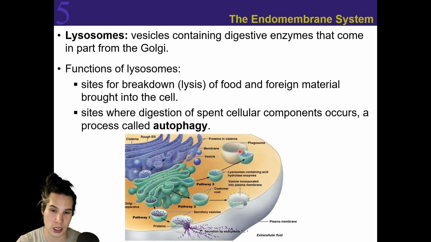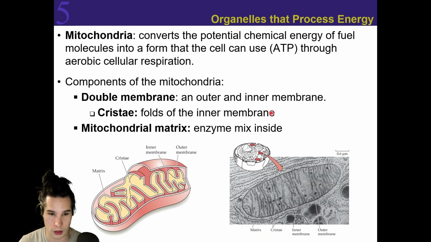So through endocytosis, maybe we've collected some extracellular components, maybe some kind of foreign material, or it could just be a phagosome containing dysfunctional cellular parts.